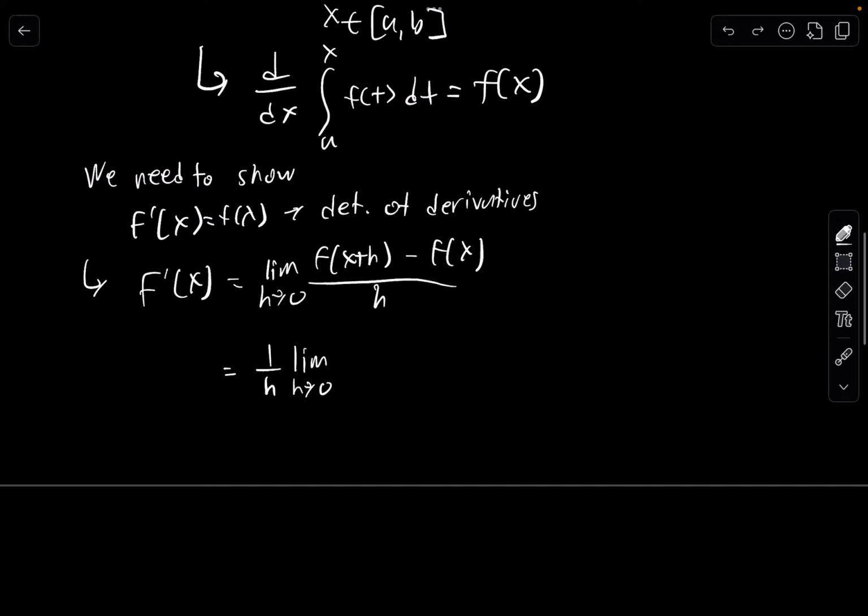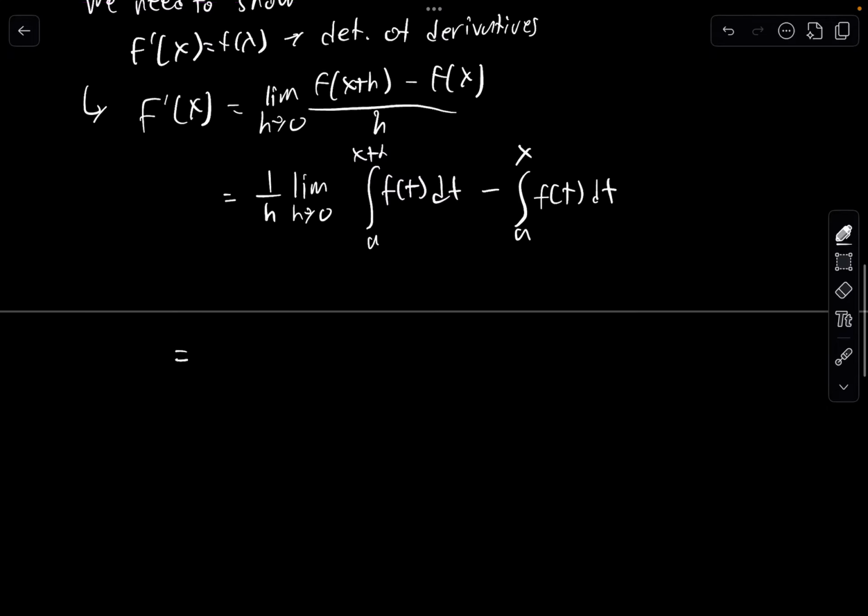Remember, cap F of x plus h is really just the integral from a to x plus h of f of t dt. And then of course you just minus cap F of x, which is just the integral from a to x of f of t dt.